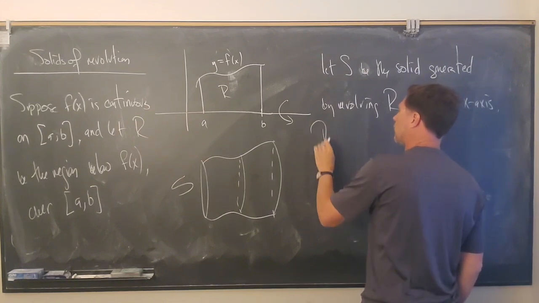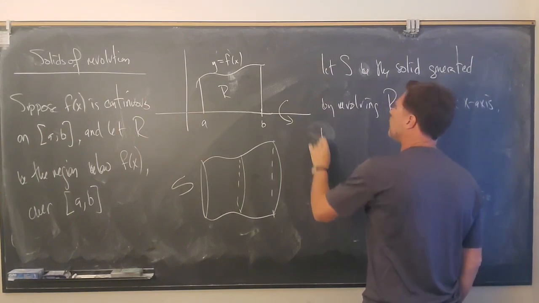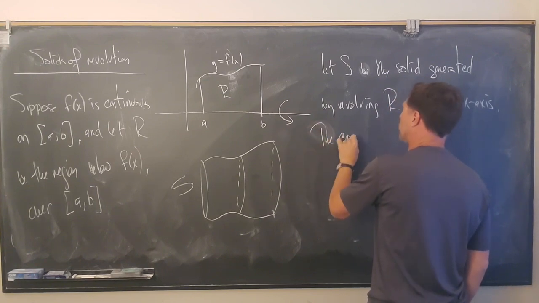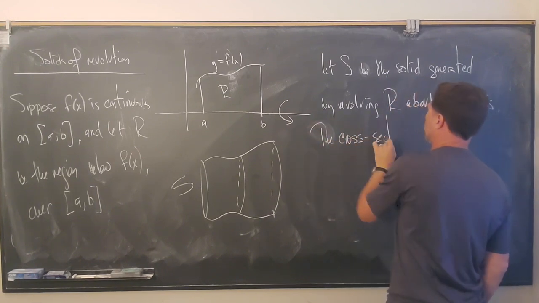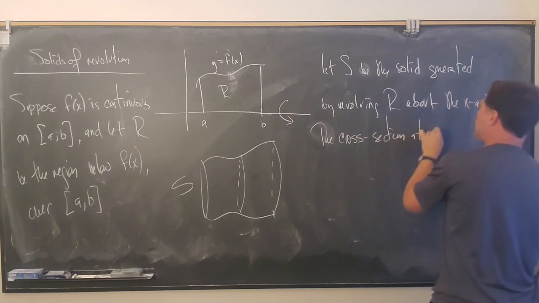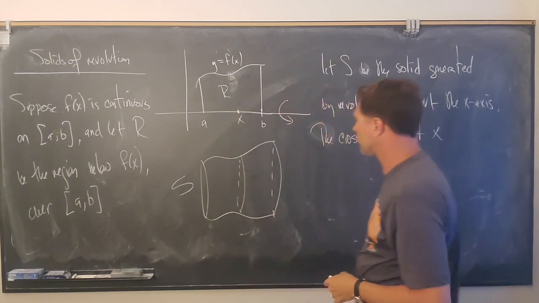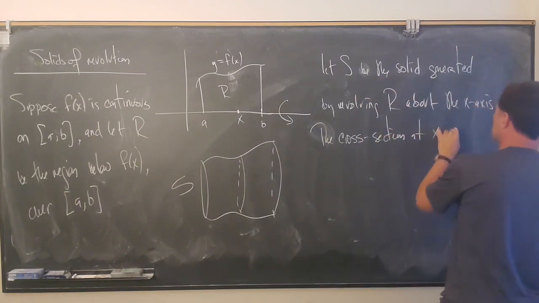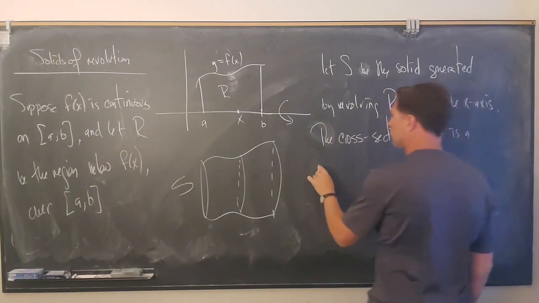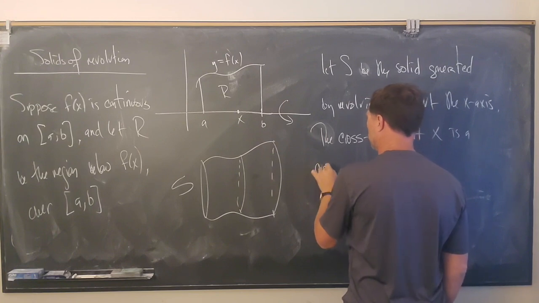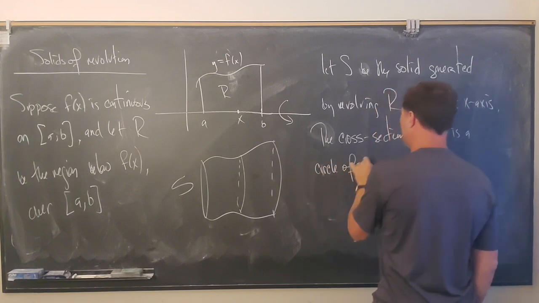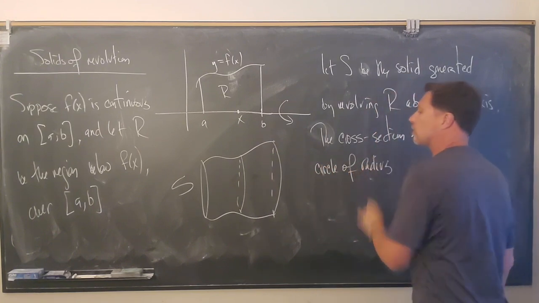Let's say the cross section at position x, so choose x right here, or wherever you like, is a circle of radius. Now, what's the radius of this circle going to be?